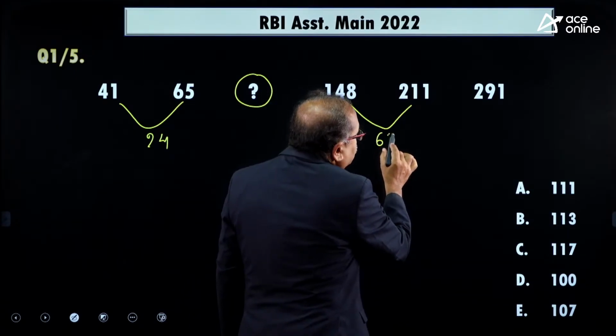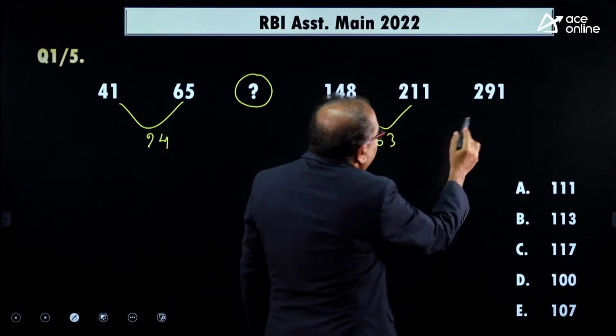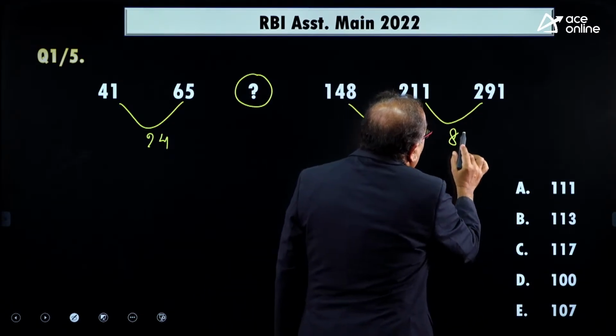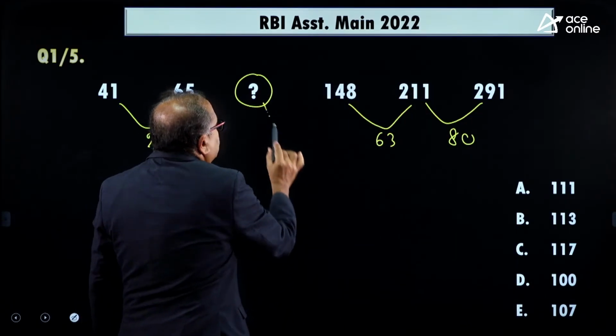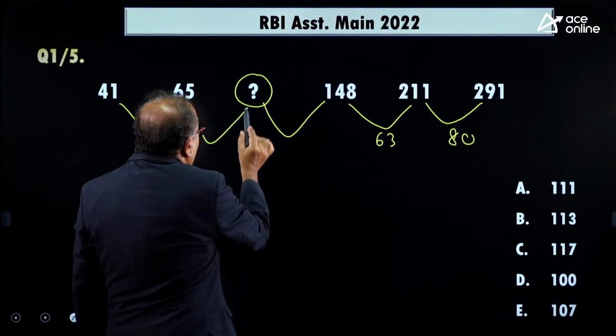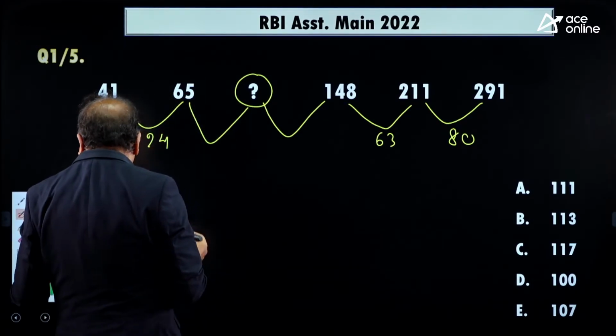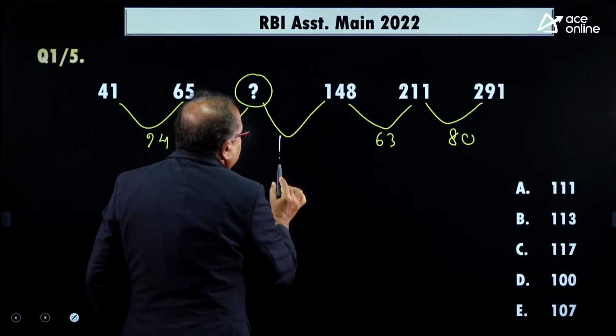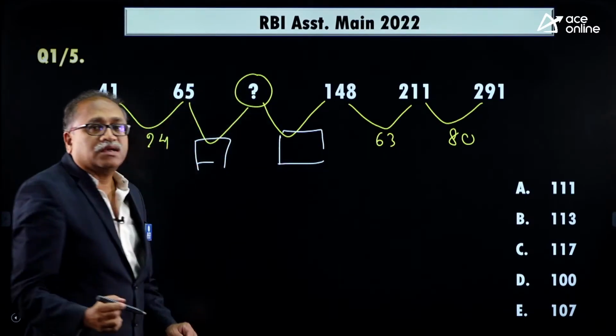Yes, this is 63 and this difference is 80. Now, this difference I do not know, and these two numbers I do not know. If any one of the numbers is known, I can answer the question.